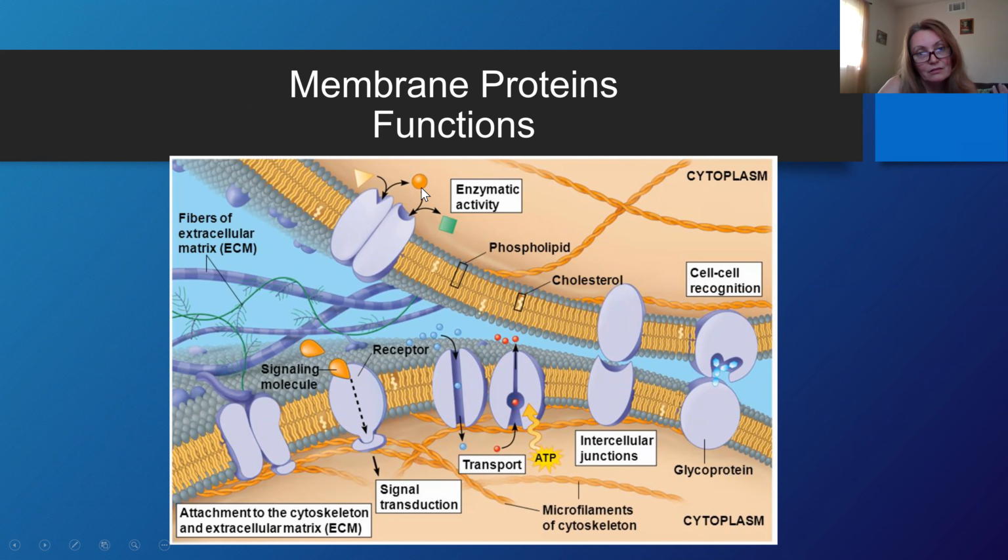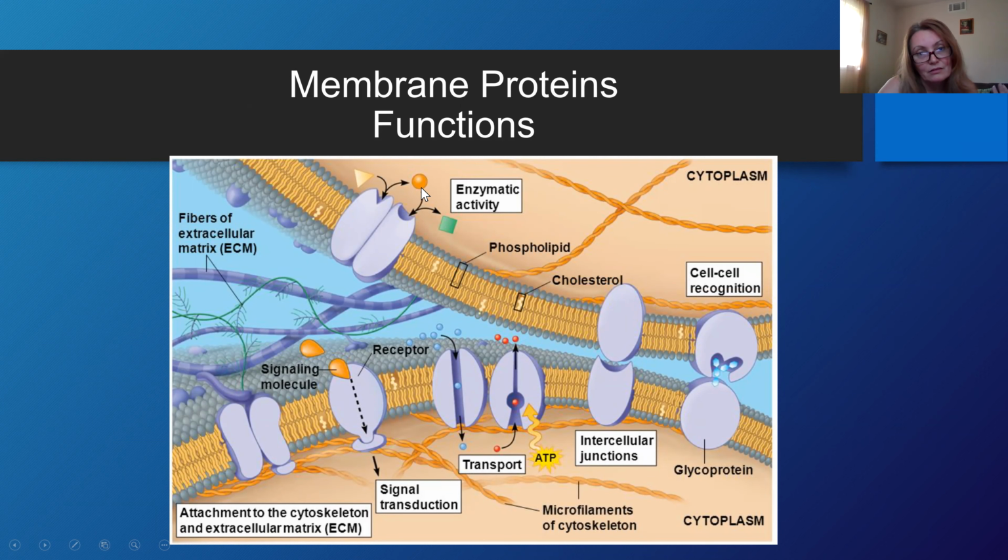So either your neighboring cells can recognize, maybe, like white blood cells can recognize some cells, right? Or maybe cells of your immune system can recognize your own cell. So cell-to-cell recognition. And they also can function in attachment to cytoskeleton and extracellular matrix.